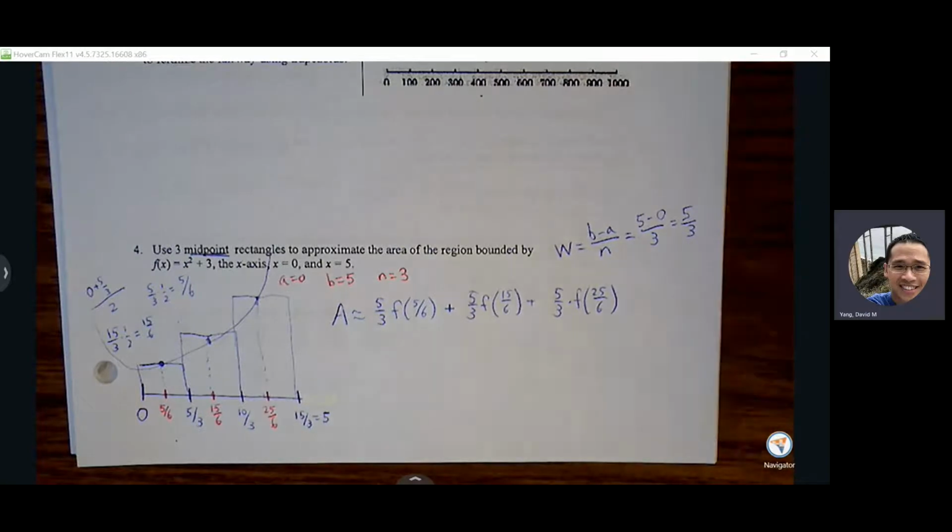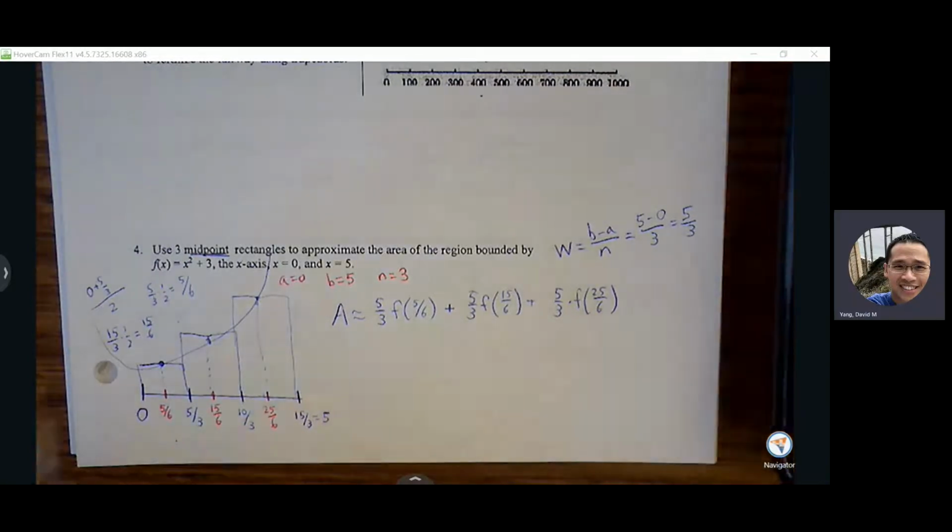Okay, the rest will go in your calculator. You'll get to use your calculator on the quiz.